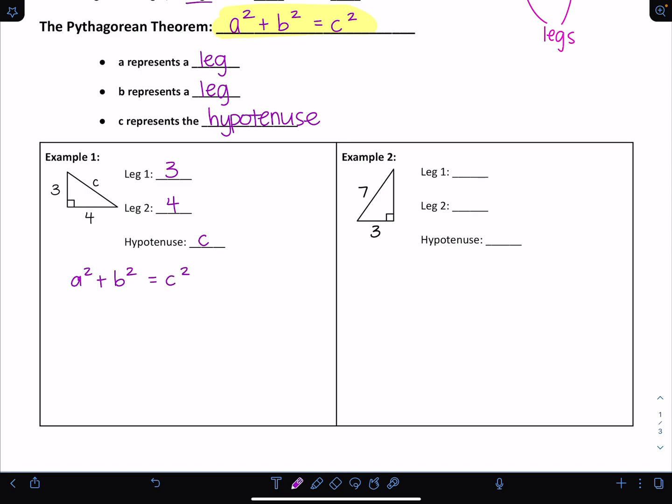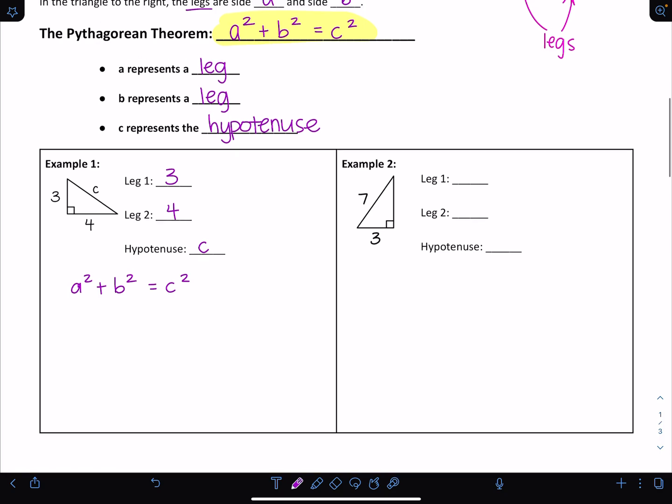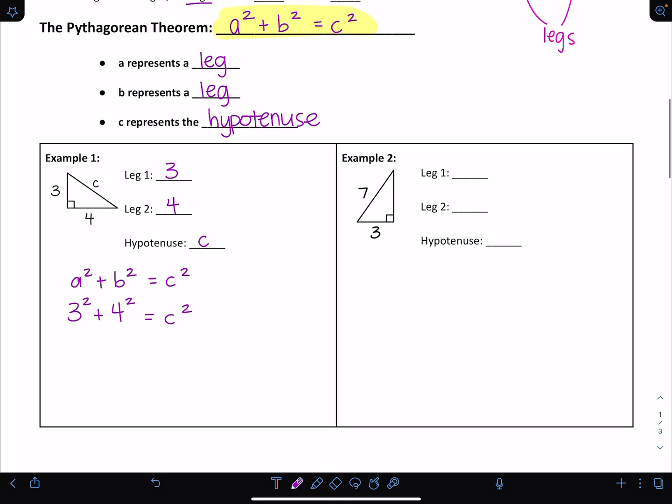In the formula, we said that the two legs were A and B, so we're going to plug in numbers for A and B. A, I'm going to make 3, so we've got 3 squared, plus the other leg, which is 4 squared, equals c squared. So 3 squared plus 4 squared equals c squared. This, once we solve it, will give us the length of our hypotenuse.